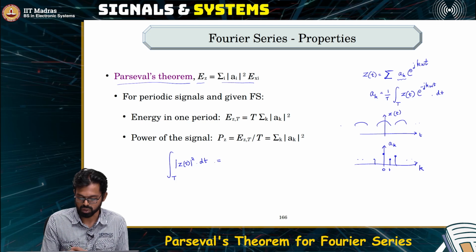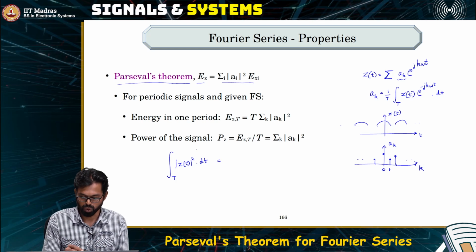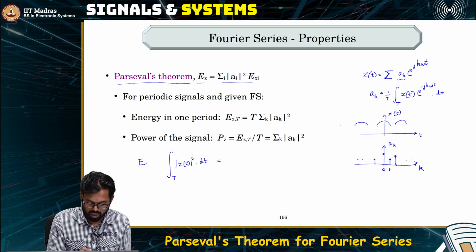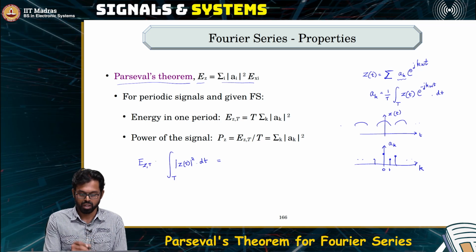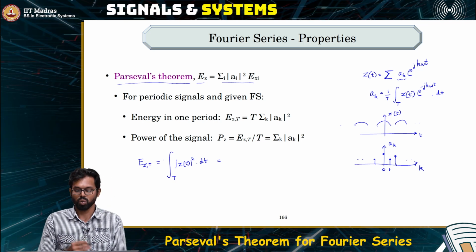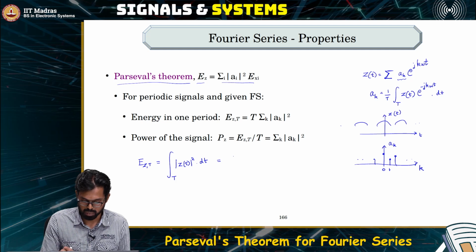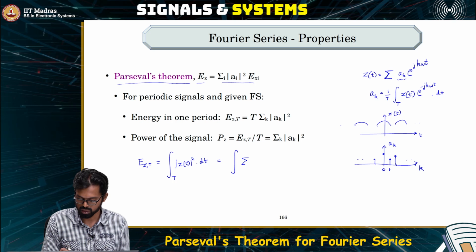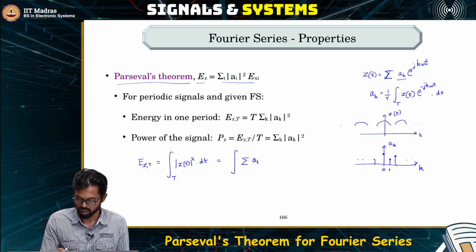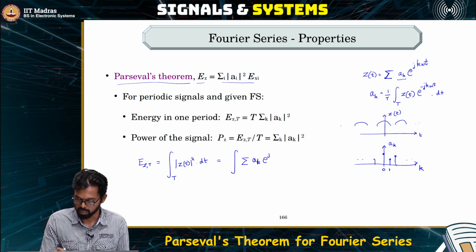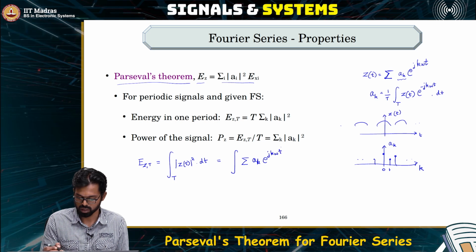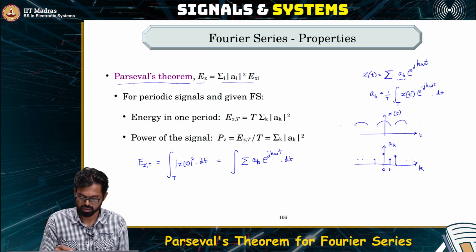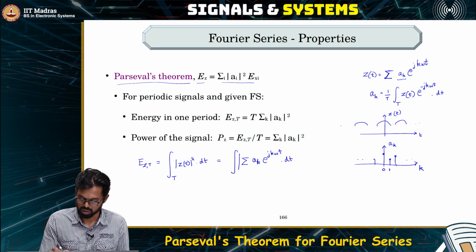So if you try to compute this equation, what is this equation? This is the energy of the signal in one period. And what do we get here? You can just plug in this representation here, summation a_k e to the power j omega t, dt.